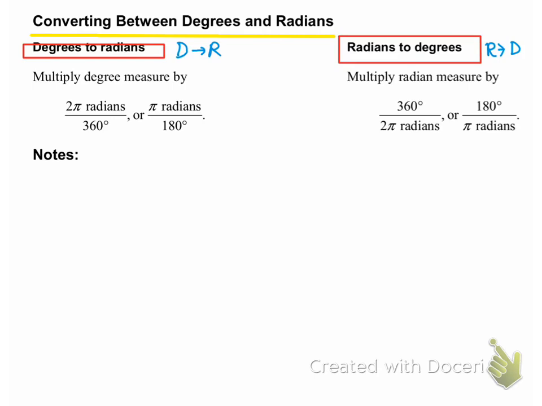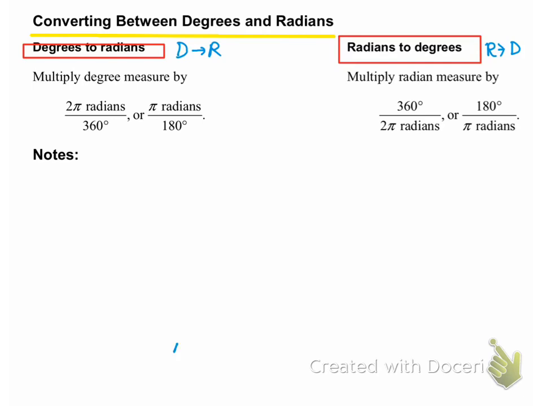What you have to do, basically, they're equivalent. So here 2 pi radians and 360 degrees, to convert degree to radian you have to use a fraction where degree is in the denominator.